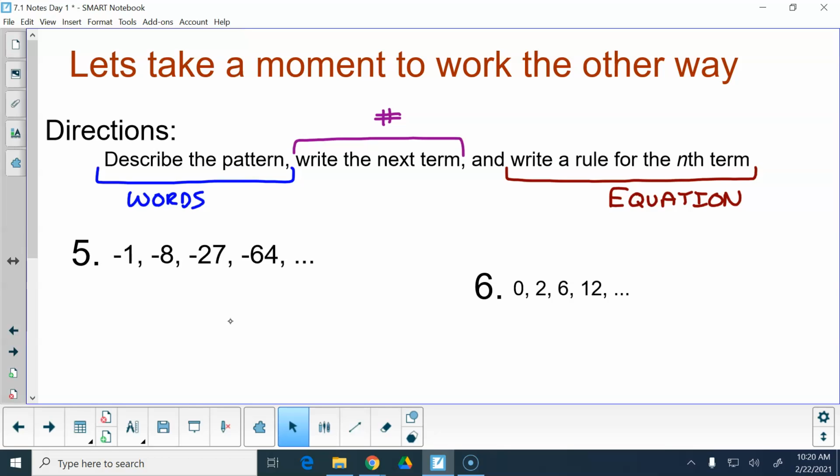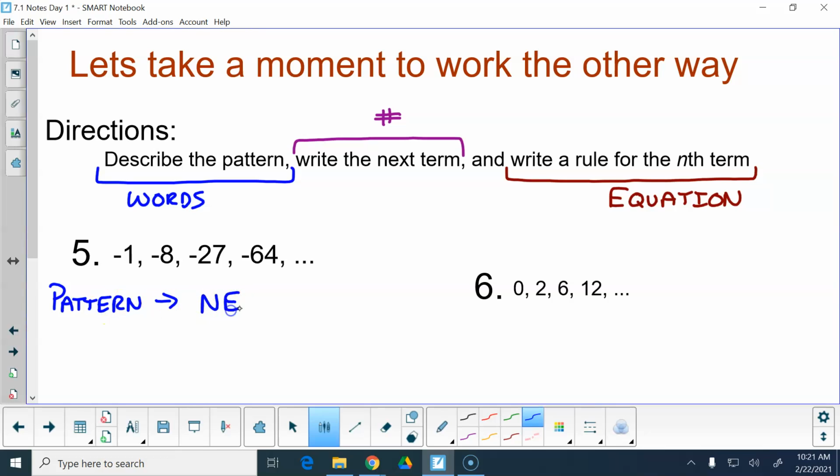If it were me, I would describe the pattern here as negative, because they're all negative, cubes. Because -1 cubed is -1. -2 cubed is -8. -3 cubed is -27, and -4 cubed is -64.